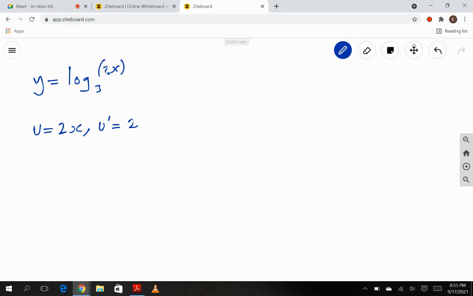So then you're going to have dy dx, which is u prime over u times ln a. So what's your a there? Remember where the ln was having an e, you are having a 3 there, isn't it? Yeah, you've seen that, right?